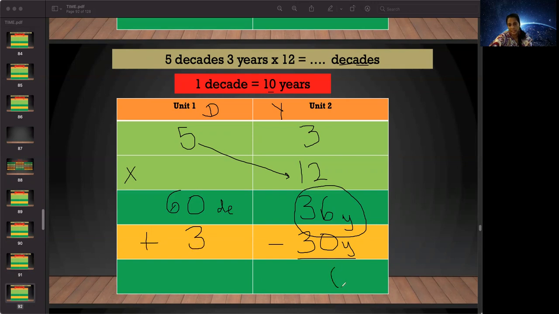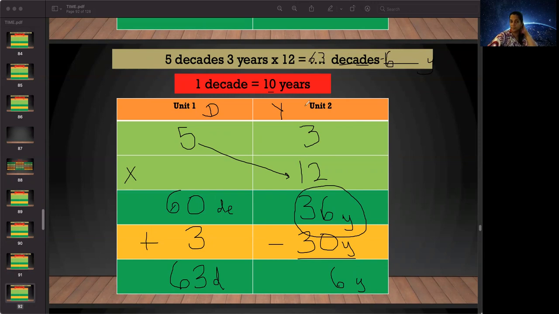Here you are left with a remaining 6 years and 63 decades. So you would answer 63 decades and 6 years.